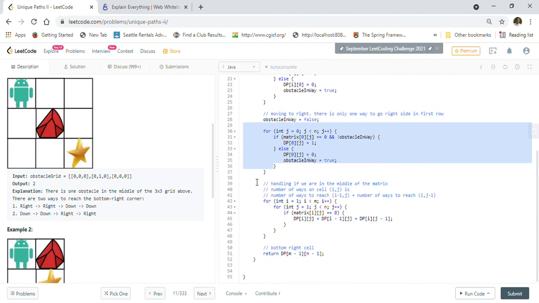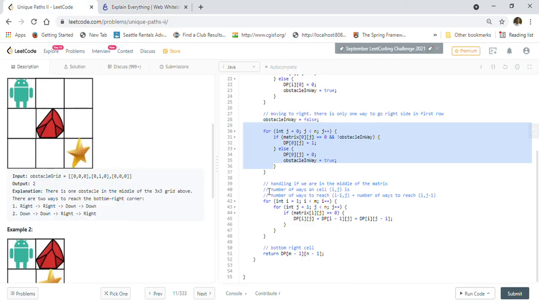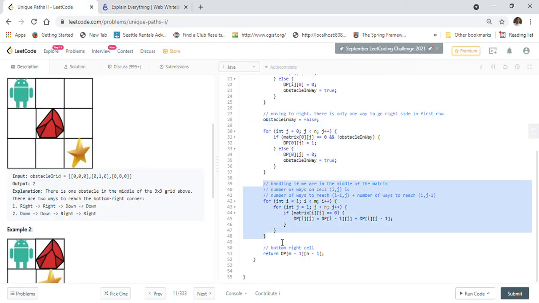I explained this already in detail. So now we have already filled our first row and first column in this code. Now we are going to handle the remaining cells.